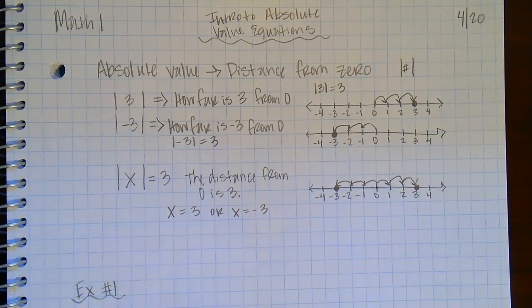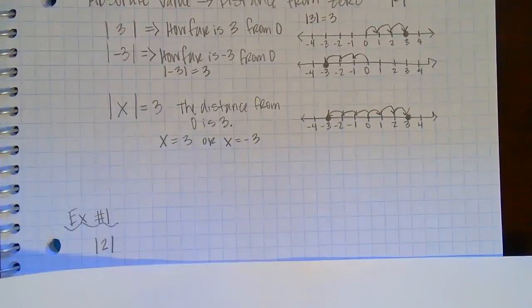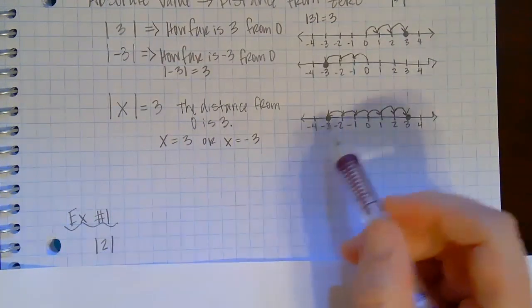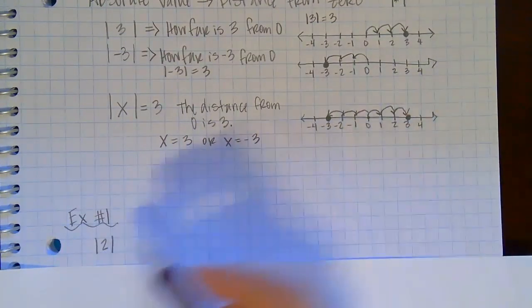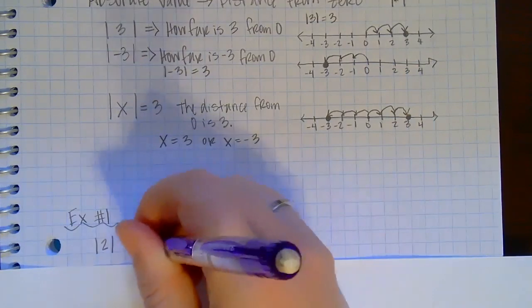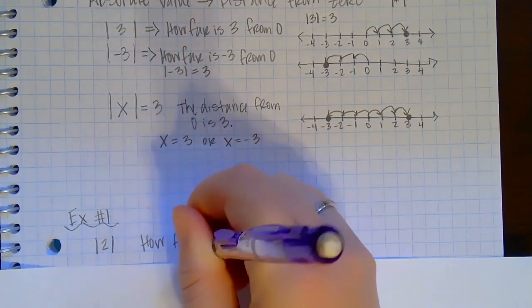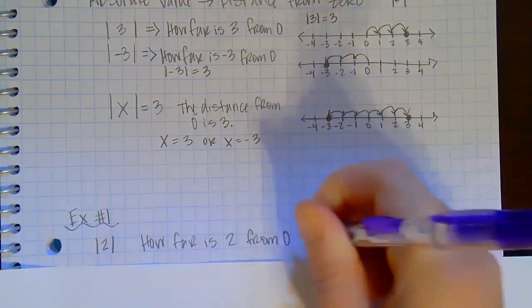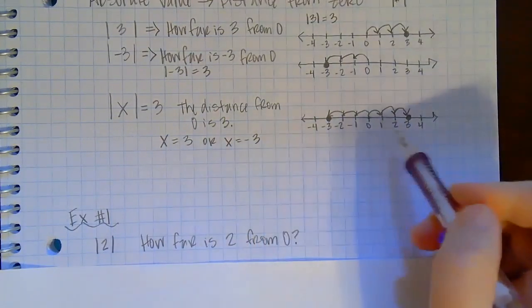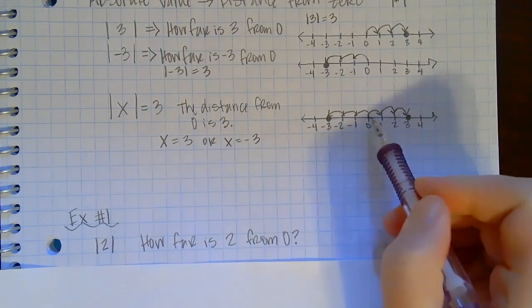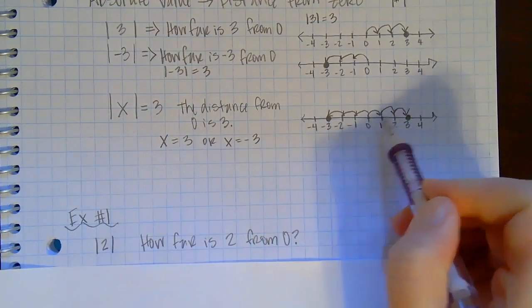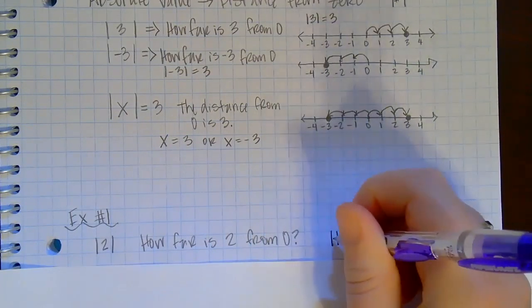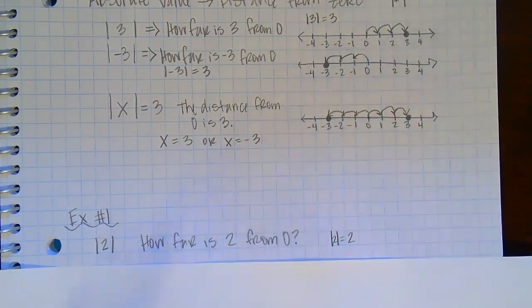Okay, so let's just look at some examples so that I can clarify. Example number 1, absolute value of 2. I'm just going to use this graph that we already have up here. It doesn't matter which one. So this means how far is 2 from 0? That's what it's asking. If I look at 2, here's 2. So from 0 to get to 2, it's 1, 2 spaces. So the absolute value of 2 is 2, because 2 is 2 spaces away from 0.